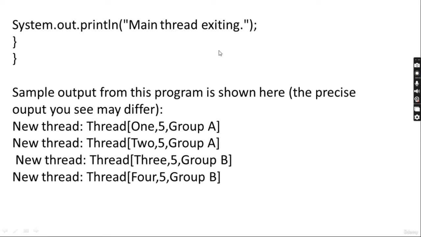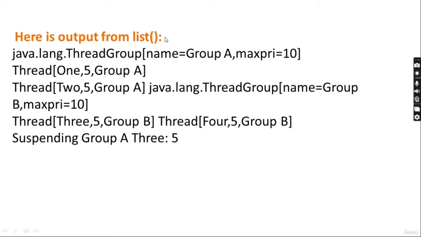Okay. This is a sample output and this sample output may differ. Okay. So now here is the output from list: java.lang.ThreadGroup name is equal to Group A, maximum priority is equal to 10. Thread 1 5 group A, thread 2 5 group A. Then java.lang.ThreadGroup Group B, maximum priority is equal to 10.